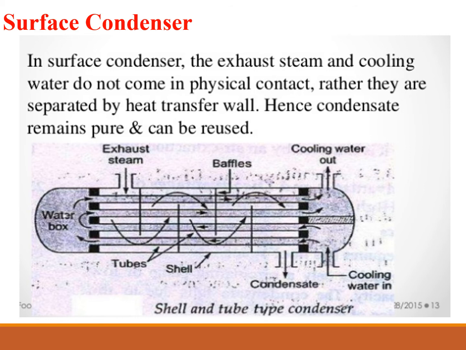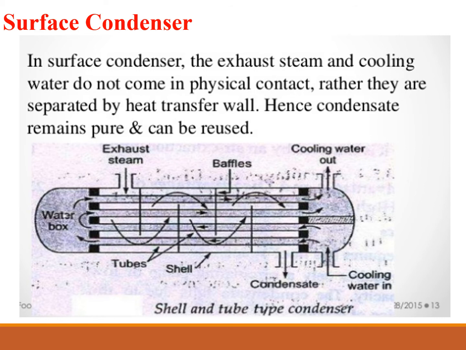The exhaust steam from the engine or turbine enters at the top of the condenser and is condensed by transferring heat through conduction and convection, coming in contact with the cold surface of the tubes through which cooling water is circulated.